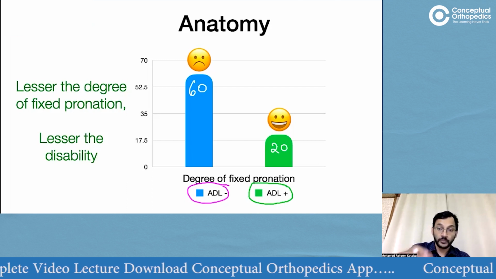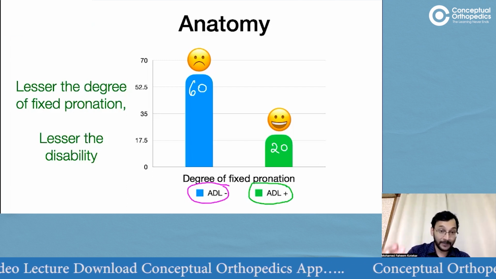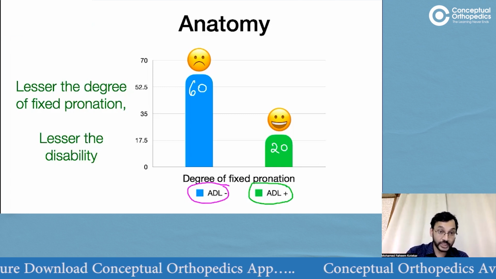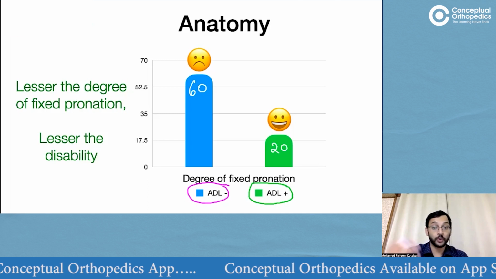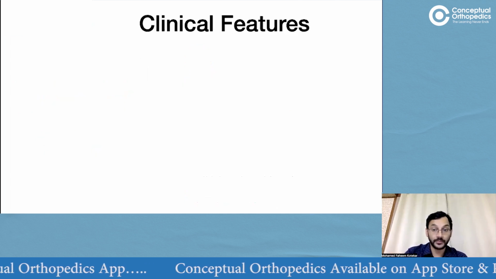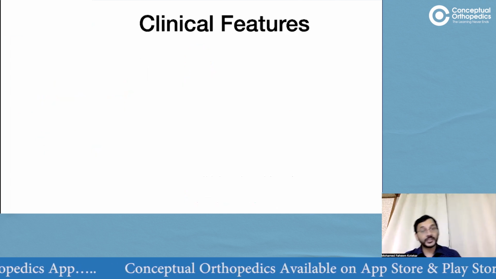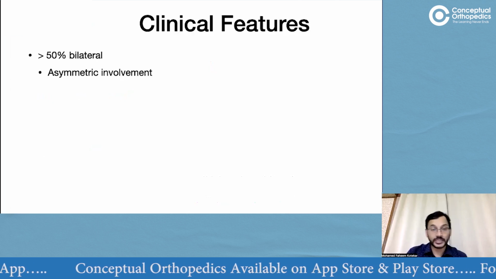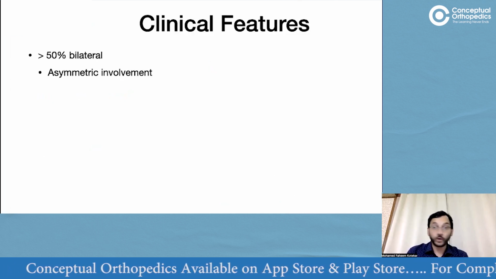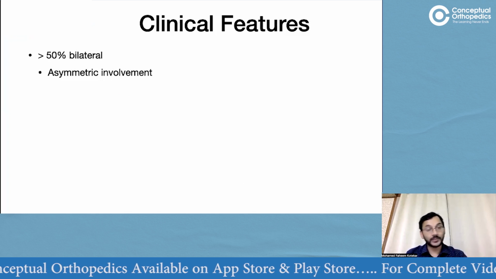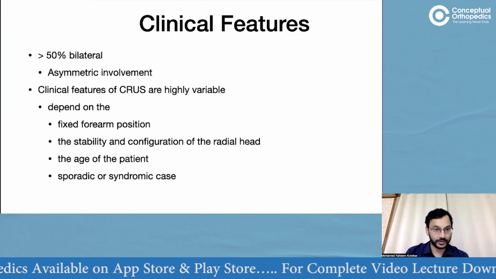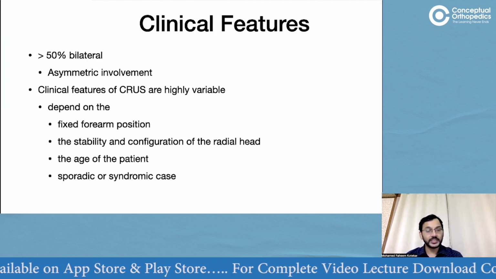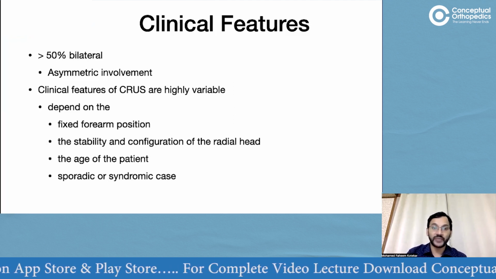So the more it is supinated, the happier they are. Lesser the pronation, the happier they are. More the supination, the happier they are. Coming to clinical features, the first and foremost is that they are not able to rotate the forearm. 50% of these will be bilaterally involved, but with asymmetrical involvement. The clinical features are very variable.